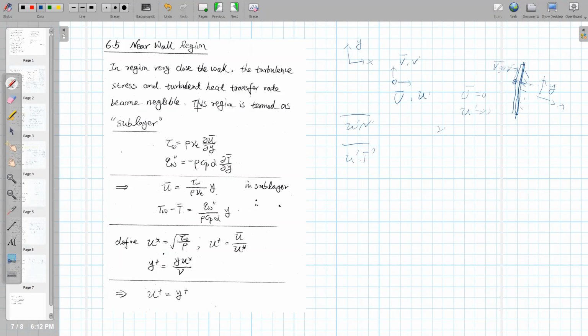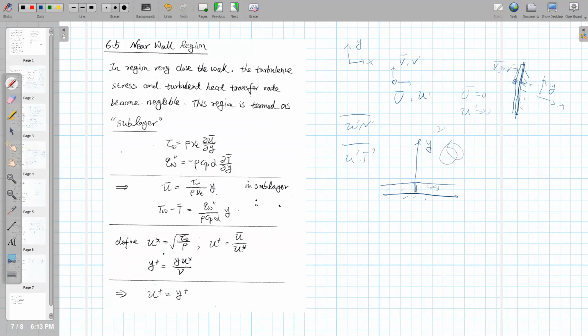In this region, we usually call it the sublayer. Consider a small layer. If we have a wall here, with the y direction, then in this small region close to the wall, we can consider that there is no turbulence effect, only laminar flow.